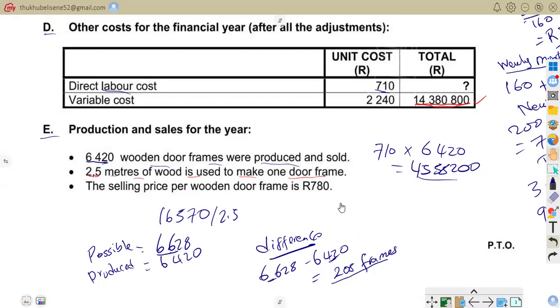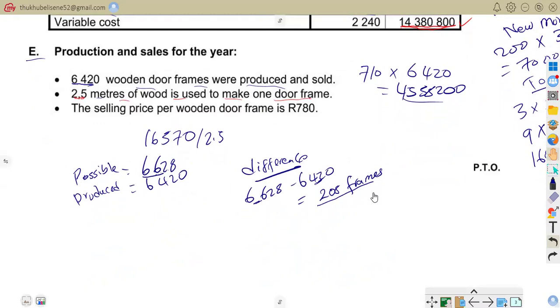Now we are going to calculate the selling price. We have 208, but we are told that the selling price per wooden door is 780.